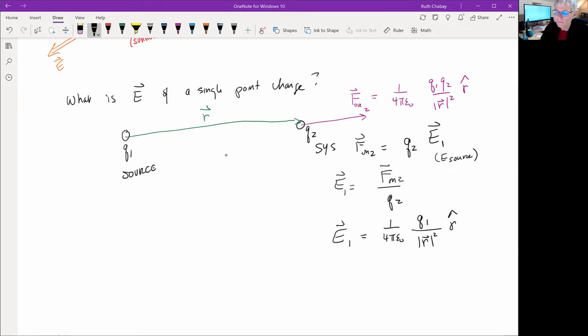We're talking about the observation location. So here's our source charge q₁. Here's our observation location. And the vector r is pointing from the source charge to the observation location. So r is equal to the observation location minus the source location.